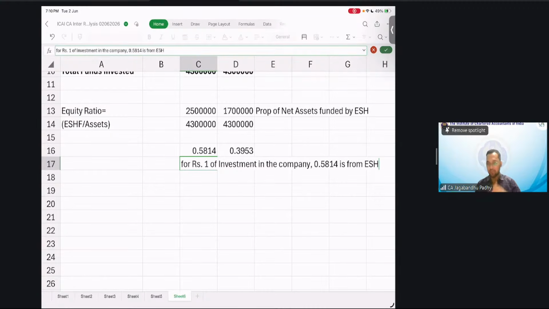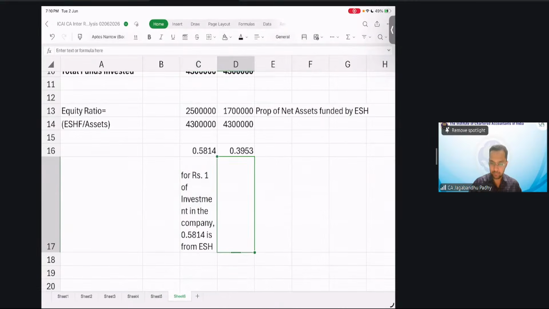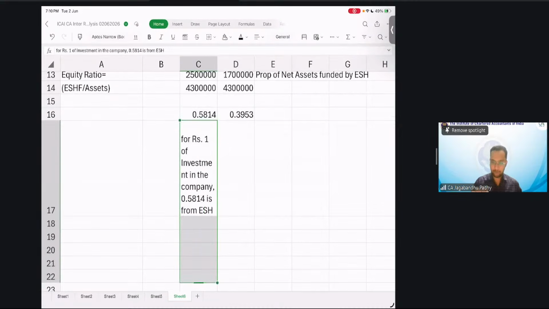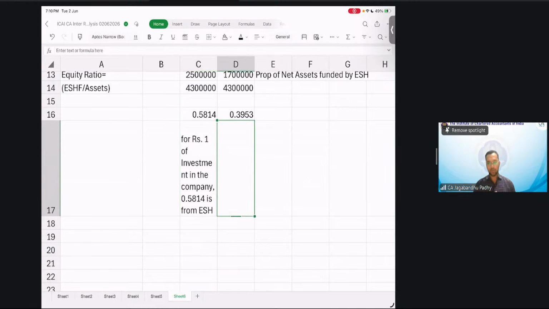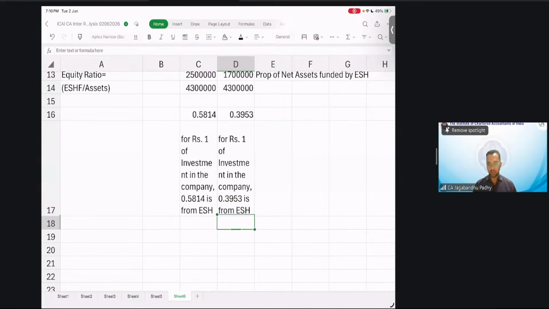So we can say it has come from equity shareholders. Now, on similar lines, if I just compare, same thing over here, we can say they are having 0.3953 from equity shareholders. So for rupees 1 of investment in the company, 0.3953 is from the equity shareholders.